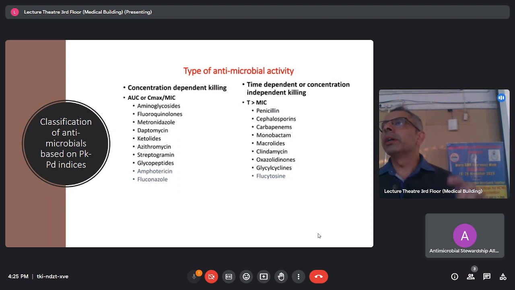So giving it in high doses over a shorter duration of infusion will be more helpful. Depending on the class of the drug, you need to select your regime. For concentration dependent killing, increase the rate of infusion, increase the dose, because this will achieve the maximum killing. For time dependent killing, increase the duration of infusion.